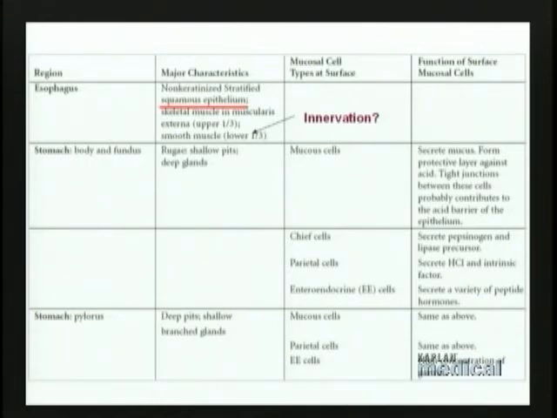As we move down to the pyloric portion, we basically have the same array of cell types, but most importantly, this is where we find a concentration of enteroendocrine cells that are producing gastrin. Gastrin's major role is to induce parietal cells to increase their secretory output of hydrochloric acid.